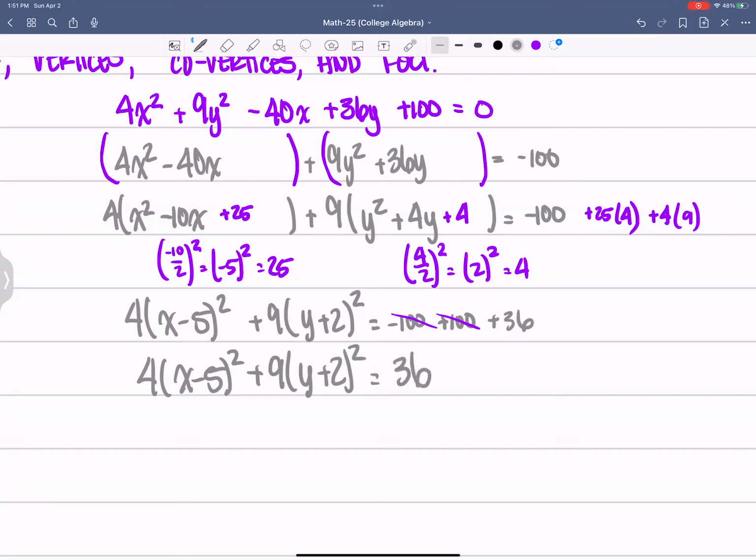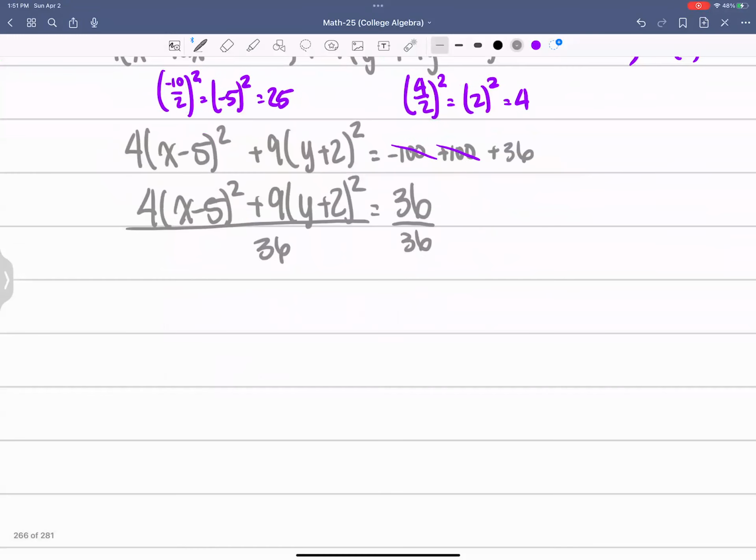And lastly, what we really need is for the right side to be equal to 1. Let's divide both sides by 36. 4 divides out with 36 9 times, so here we have (x minus 5) squared over 9.